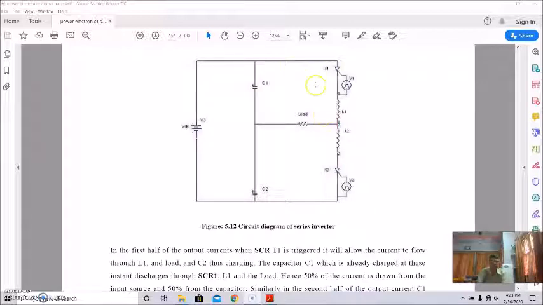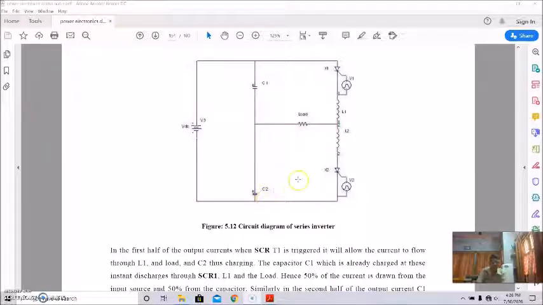After the completion, when this thyristor turns off, this will be discharged fully, and when this is triggered, this will be charged in this fashion. This C2, which was charged in the first case, will now discharge in this one.